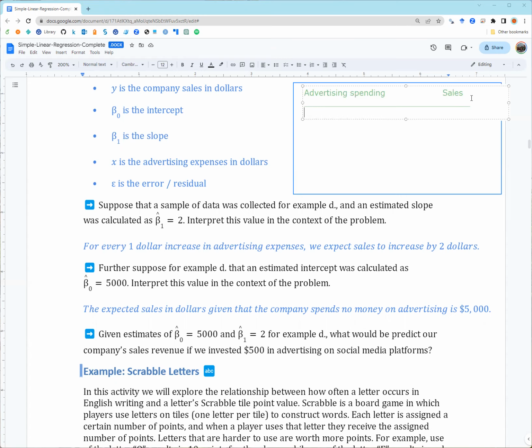So maybe we spent $500 on advertising, and then we see that the sales some month was 6,200, and then maybe another month we only spent 100 on advertising, and our sales that month were like 4,900, and then 200 another month, and 5,300. And so on. That's how our data would look.